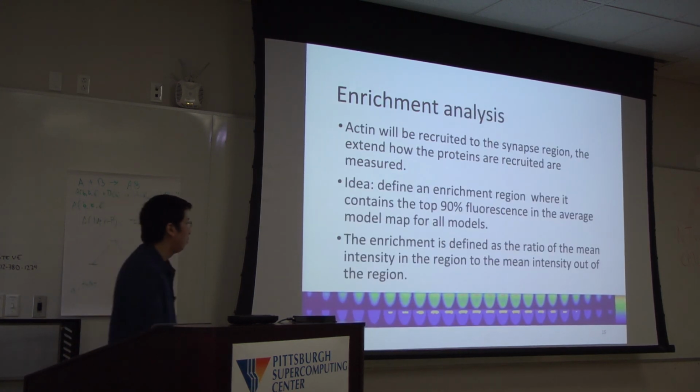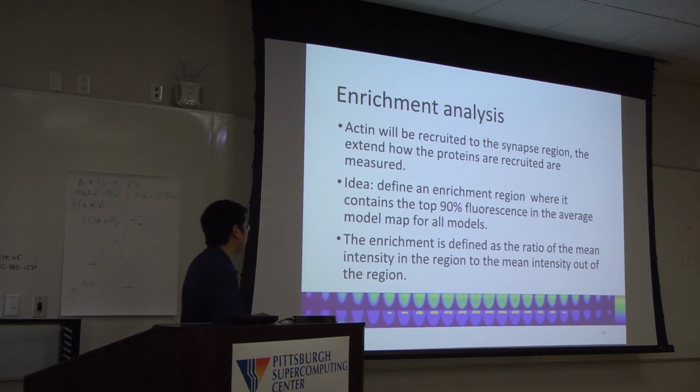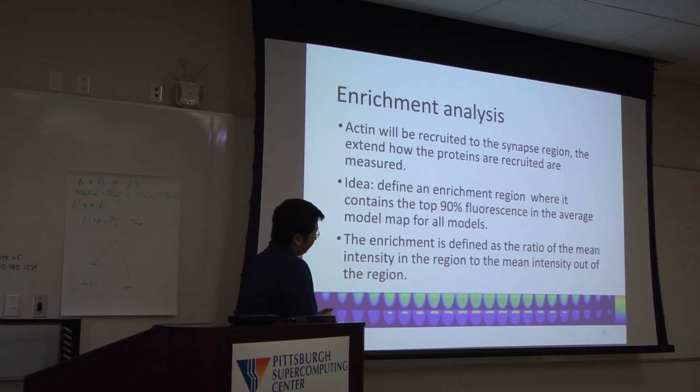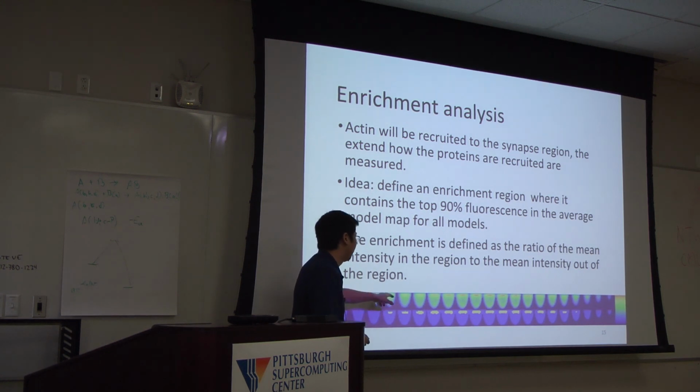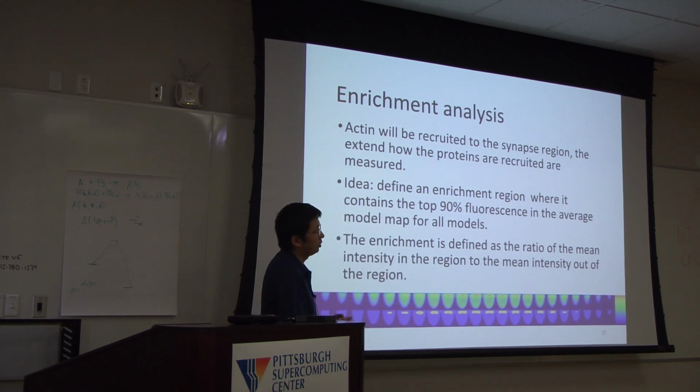And we further analyze our hypothesis by enrichment analysis. As we know, the actin and some of its regulators will be recruited to the synapse region, the upper part of the 3D slices. And so we can define the enrichment region that can represent the synapse region.